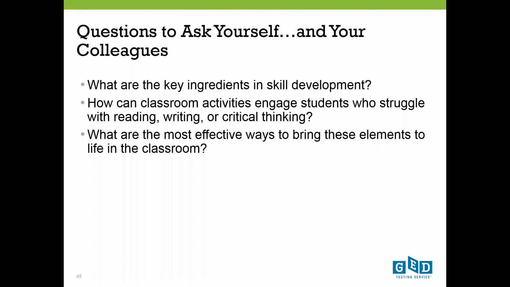What is it that can happen in the classroom in terms of activities that can engage students who are struggling with reading, writing, and critical thinking? Because engagement in the adult ed classroom, as you all know, is critical. And then what are the most effective ways to bring these elements to life in the classroom? And many of you are already doing many of those things. Be sure to share.